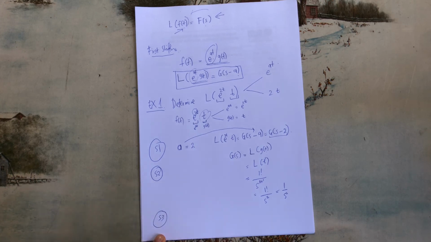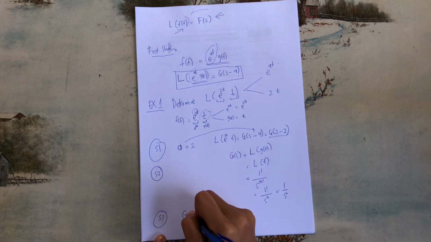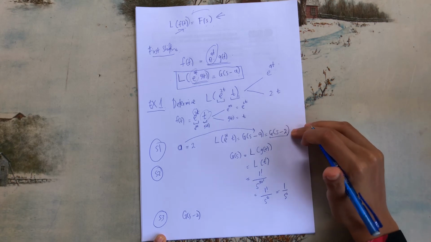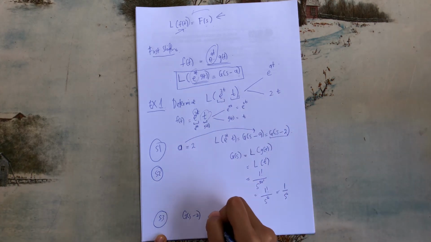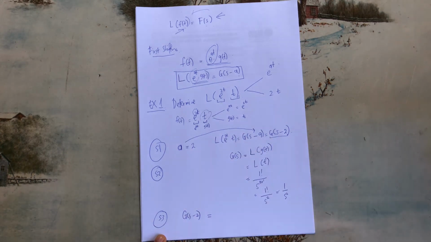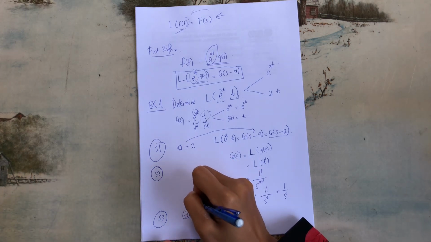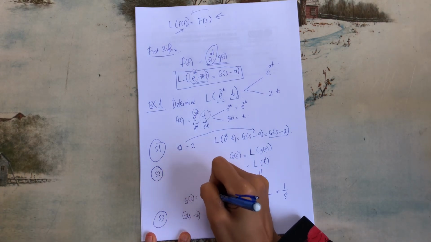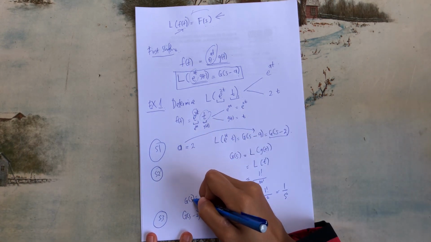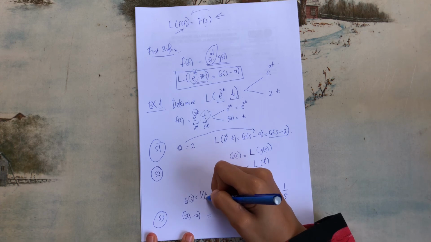So now, the last step. Back to your step number 1, just now is G(s minus 2), and step number 2 just now is G(s). So can you see clearly? Saya tulis balik. G(s) is 1 over s square. Inside this bracket is s, so the answer is s.